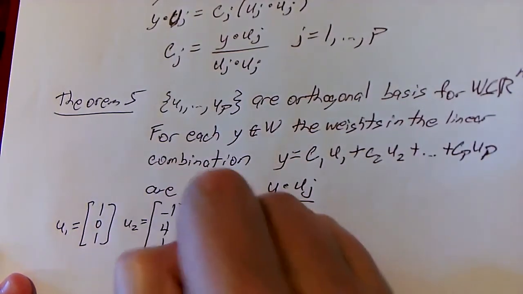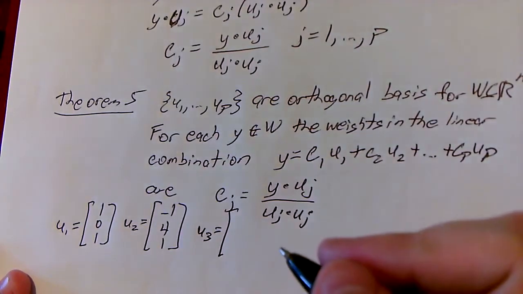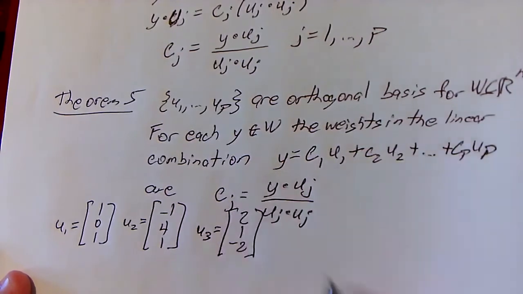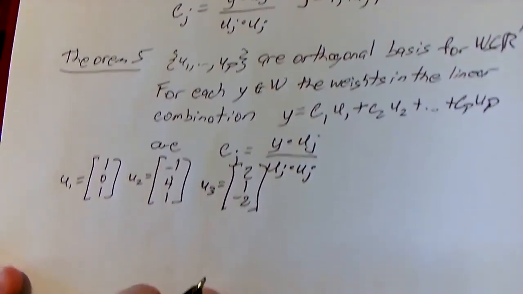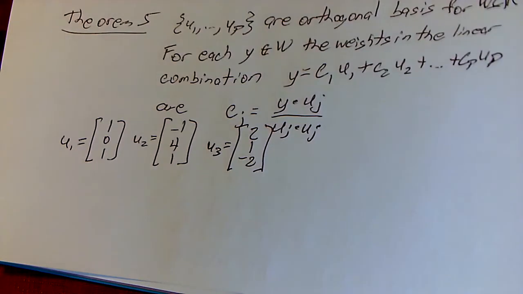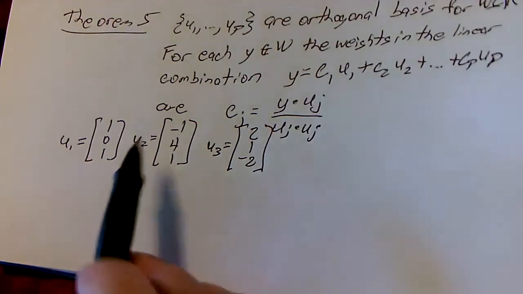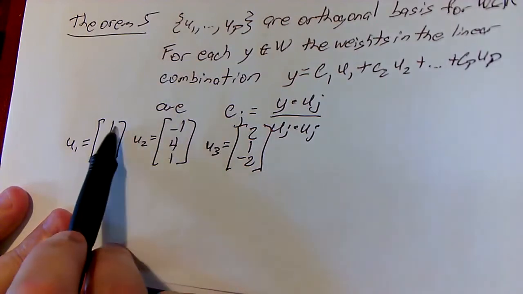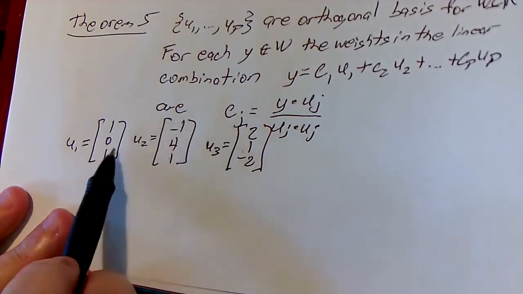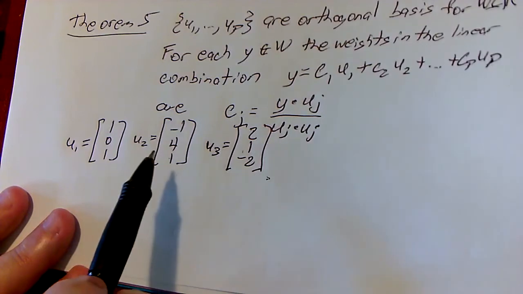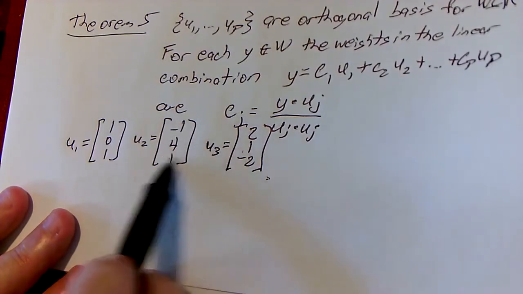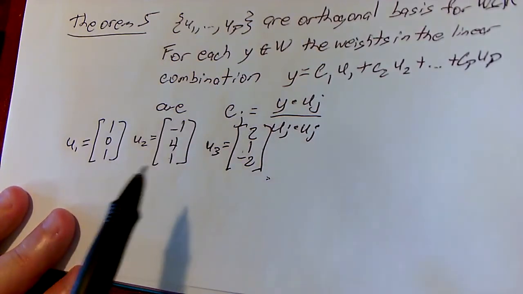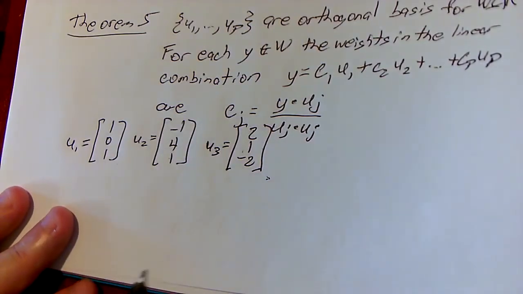And U3 is equal to (2, 1, -2). Now, I'm going to tell you that this is an orthogonal basis. You can always check it, right? 1 times -1 is -1, 0, plus 1, that's 0. 2, 0, and -2 makes 0 again. -2, 4, and -2 makes 0 again. So each pair here is orthogonal. All the dot products are 0, so the whole thing is orthogonal.